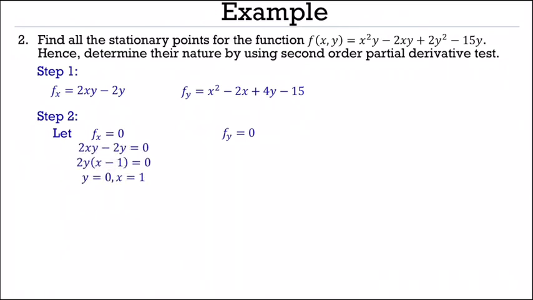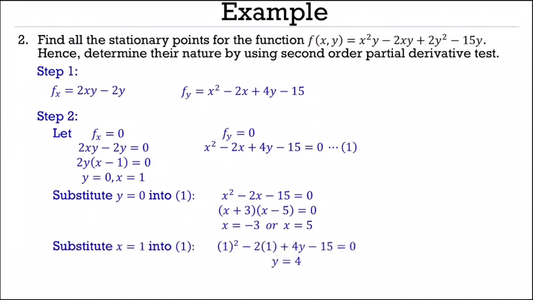For f sub x, we can directly get the values of x and y. These two values have to be substituted into the other equation, which comes from f sub y equals 0. Therefore, there are 3 stationary points, which are (negative 3, 0), (5, 0), and (1, 4).